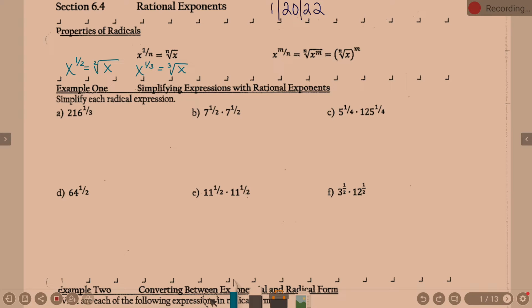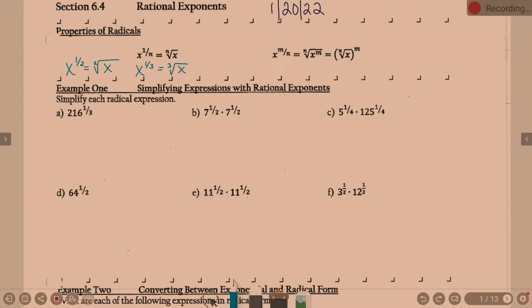The bottom of the fraction is still the root. The top of the fraction is the power or exponent. That location is always the same. It doesn't change. You need to know it. I just tend to remember that the denominator is the root, and then I go from there.